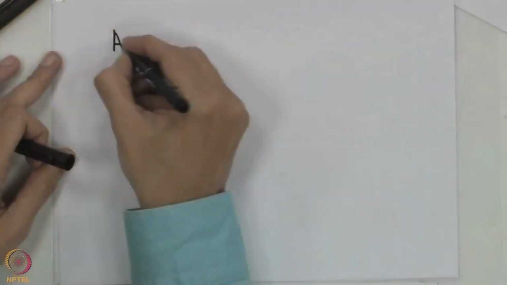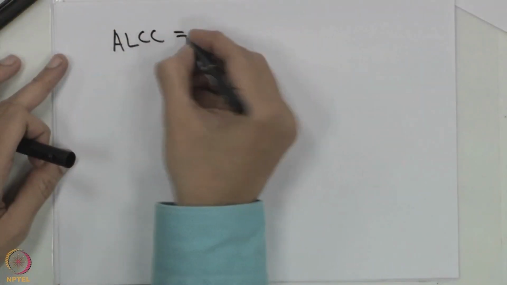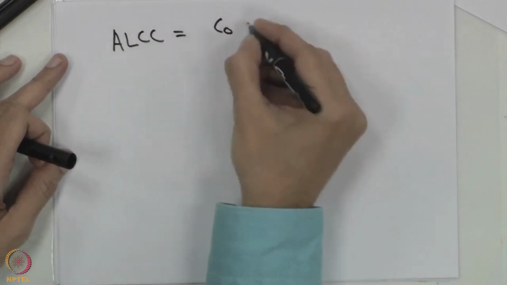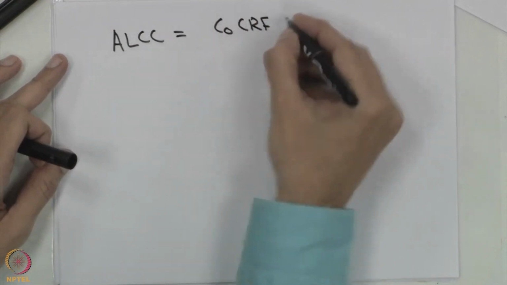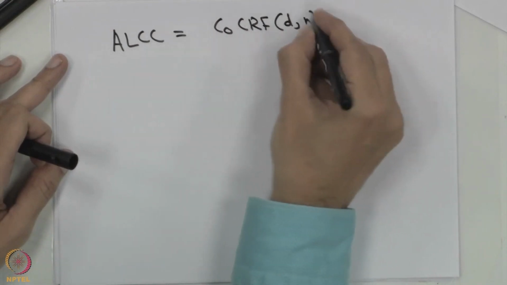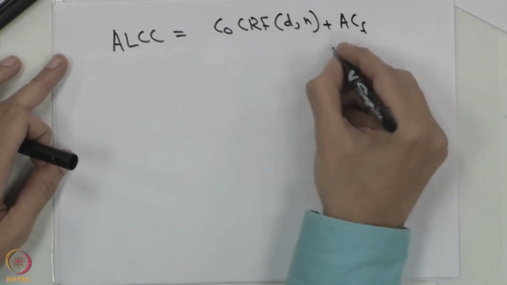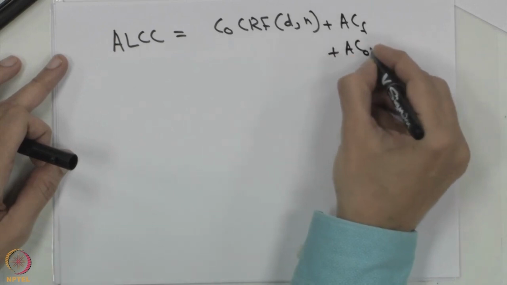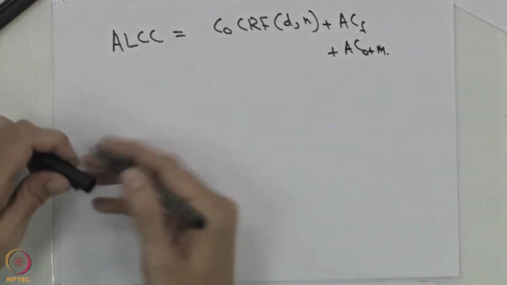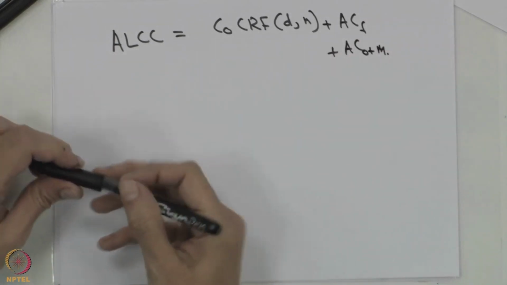So, the ALCC would mean that you take C0 and annualize it, plus the annual cost of fuel, annual cost of O&M and so on. So, this annualized life cycle cost is the annual cost of owning and operating the equipment.